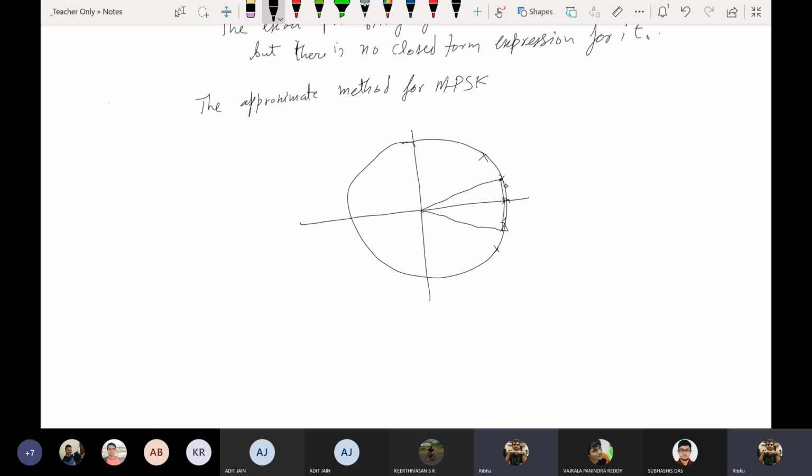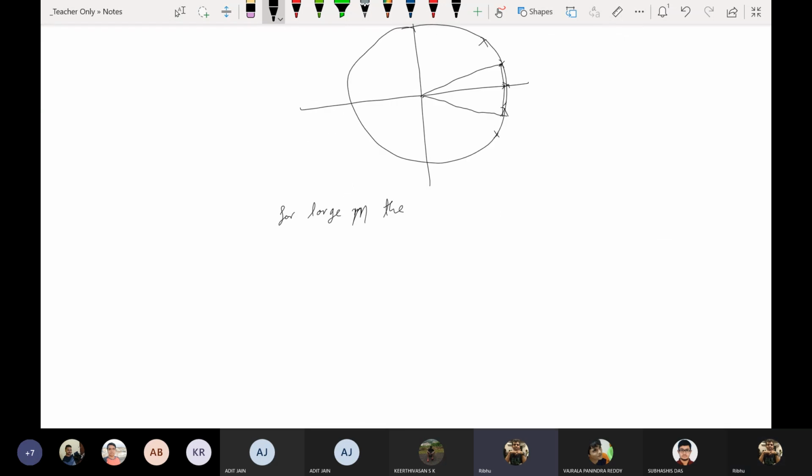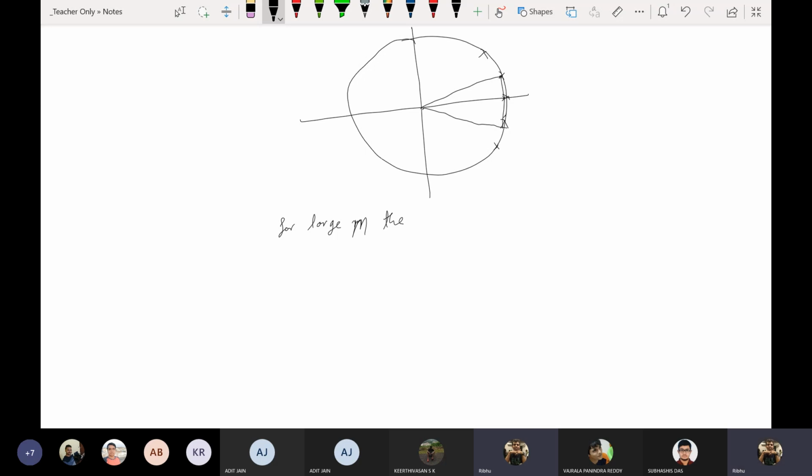You can see that for large M, the separation between two points is effectively approximately this.